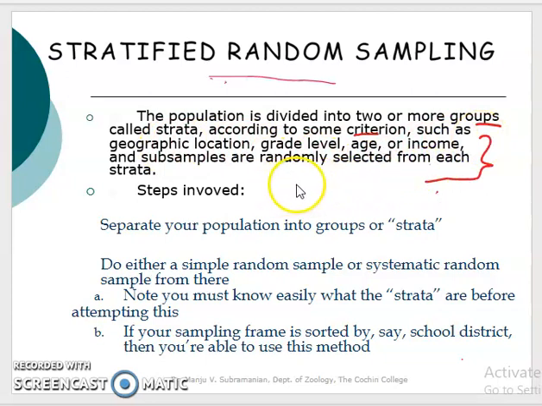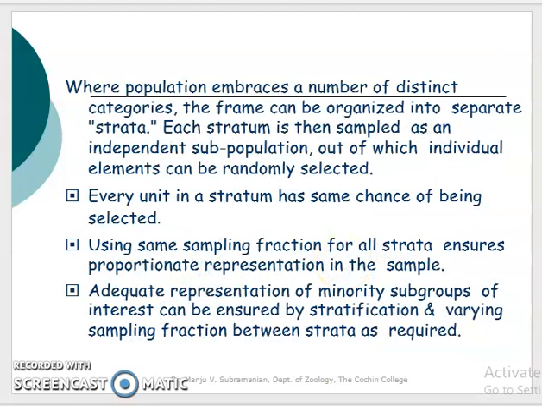We are dividing the main population into certain subgroups, and the different steps involved are that the population is divided into groups called strata. Then every unit in a stratum has a chance of being selected. That means we are randomly choosing the individuals or choosing the group randomly.